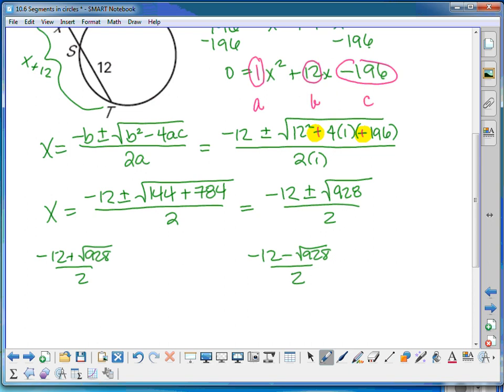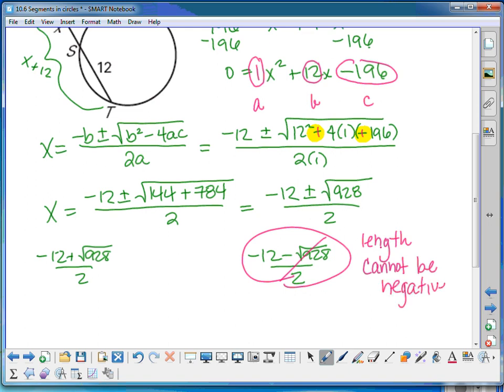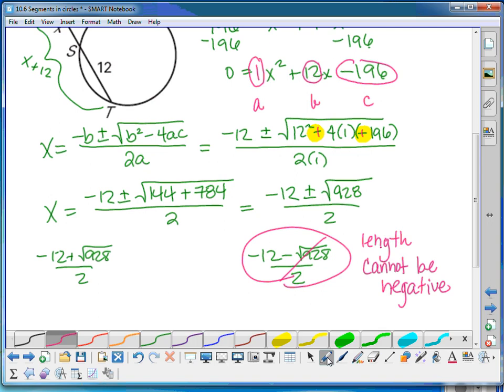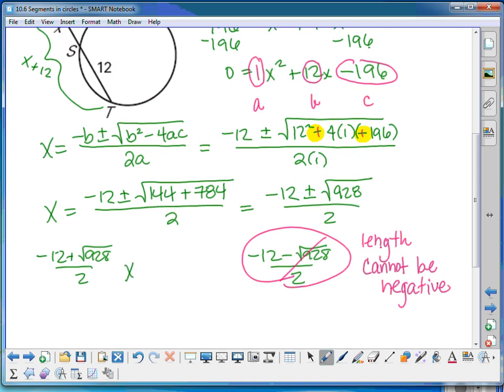So right off the bat, I already know that I can throw out the negative answer because length cannot be negative. And I just have to worry about my answer that's going to come out positive. So if we plug negative 12 plus the square root of 928 divided by 2 into our calculator, we get that x is approximately 9.2.